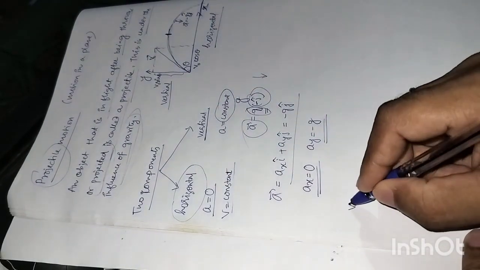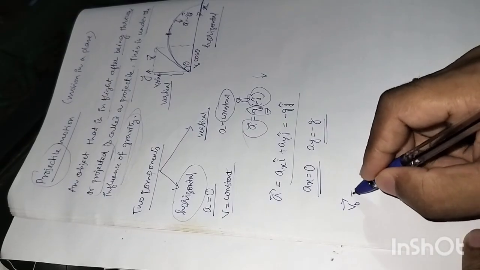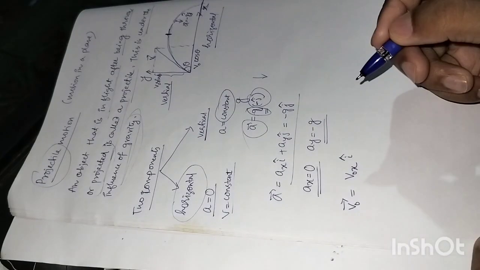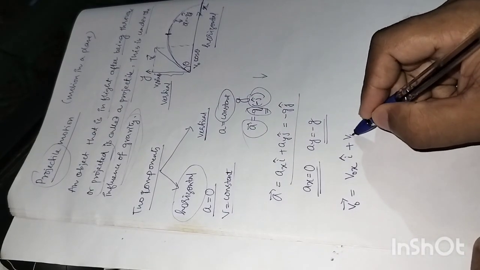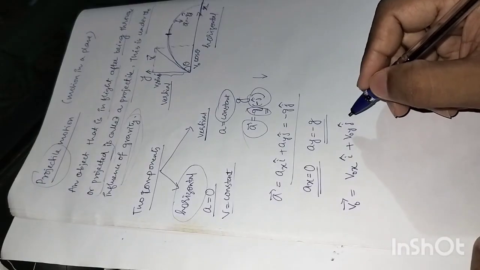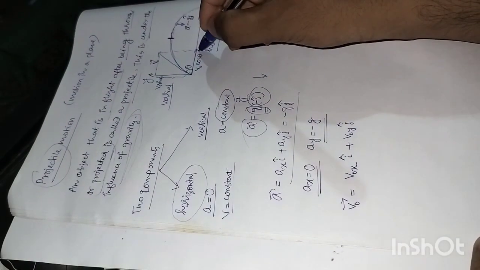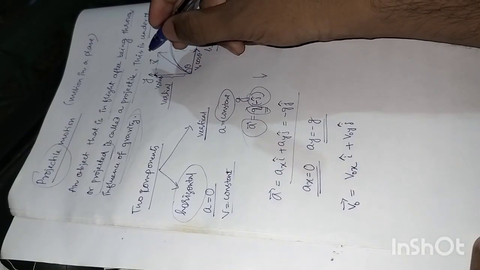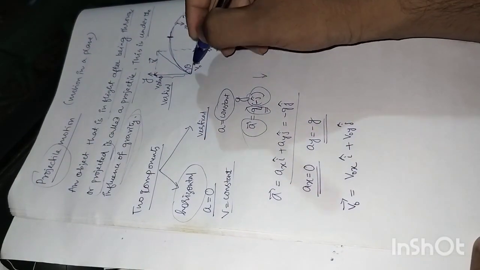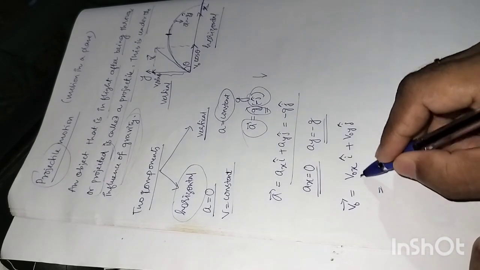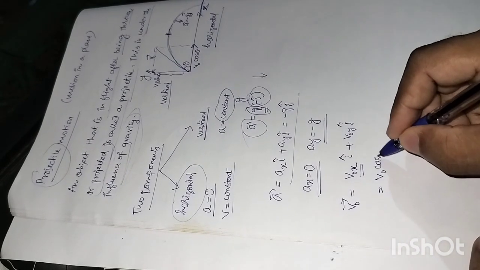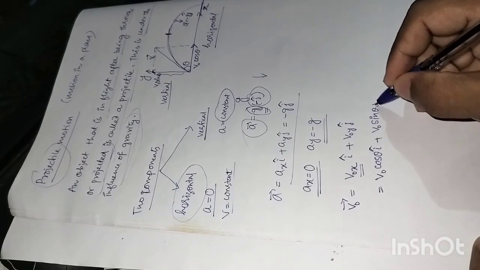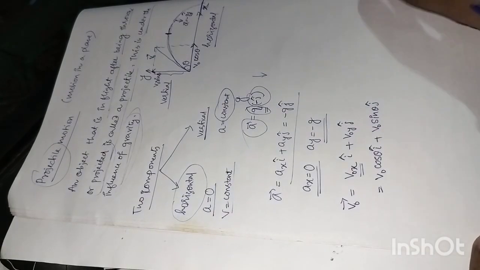Now this velocity v naught can be resolved into two components, v naught in x direction with the i cap unit vector, and another along j cap. If v naught is the resultant of two vectors, one along the x axis and one along the y axis, then along the x axis this will be v naught cos theta, and along the y axis v naught sin theta. Okay, this is simple.